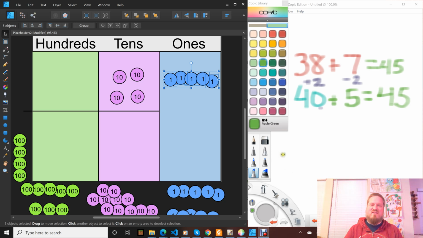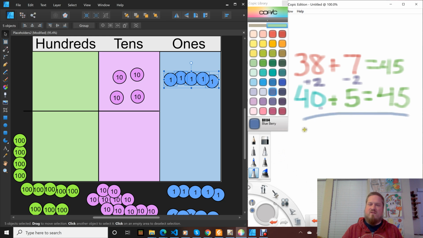All right, here is the next way to look at things. If we've got 38 plus 7 equals something, we can break the 38 up into 30, that's the 3 tens, and 8.